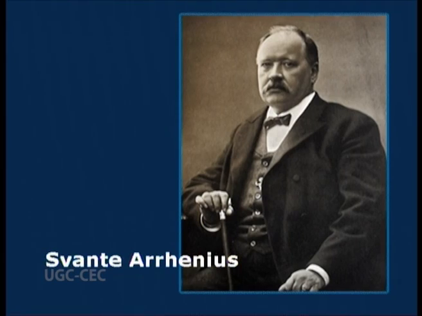A theory to explain the catalytic action of enzymes was proposed by the Swedish chemist Svante Arrhenius in 1888. He proposed that the substrate and enzyme formed some intermediate substance, which is known as the enzyme substrate complex.